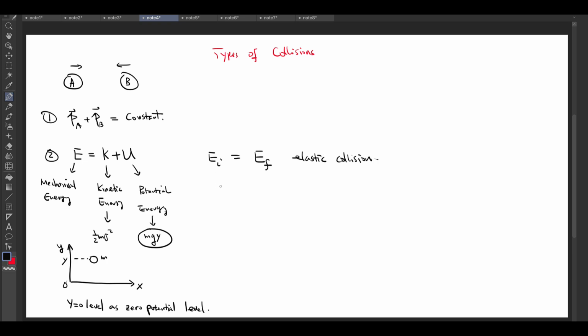Now if part of the energy is lost, so EI is greater than E final, then I'm going to say this kind of collision is an inelastic collision.